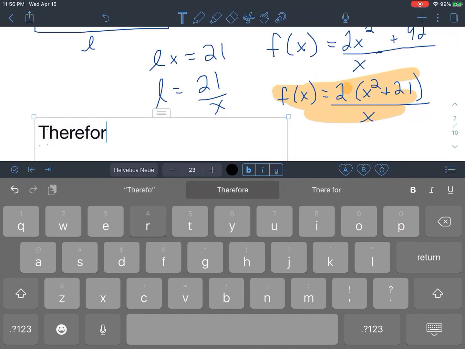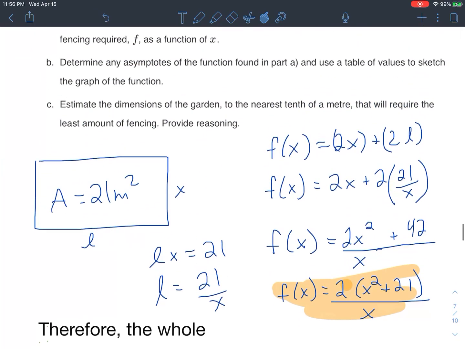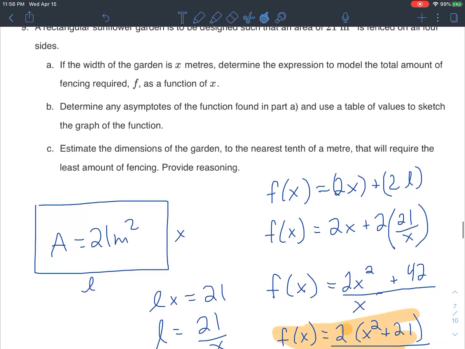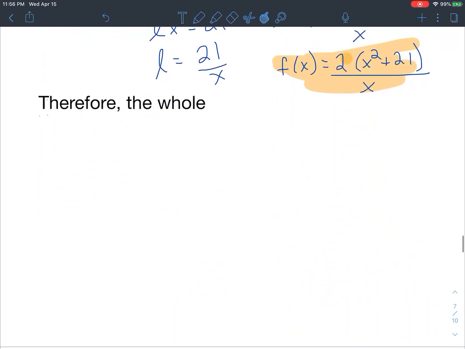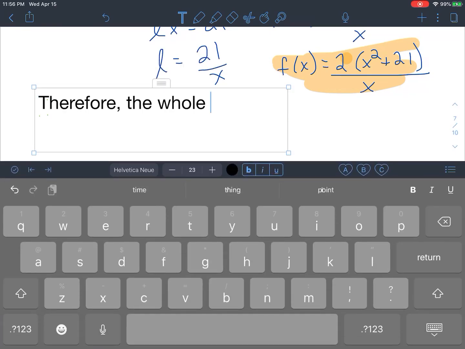Therefore, what were we asked again? The total amount of fencing required. I think they mean the total length.